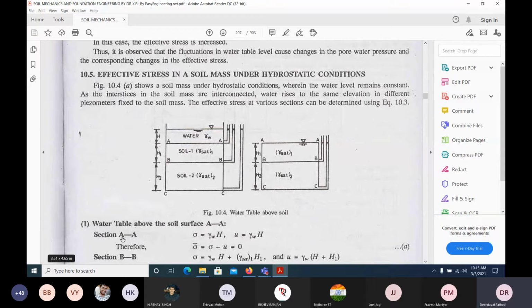Sir, no, sir, it won't. Water has no shear strength, so it won't. Not shear strength, forget about shear strength. Why it won't affect according to the effective stress definition?